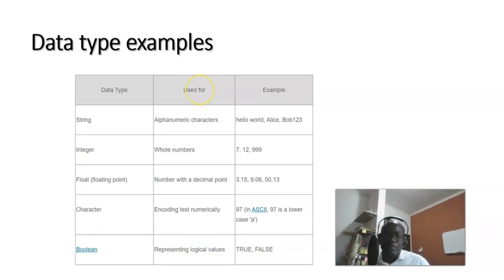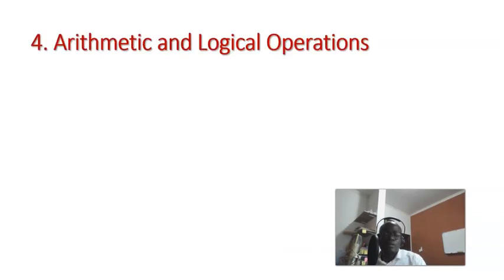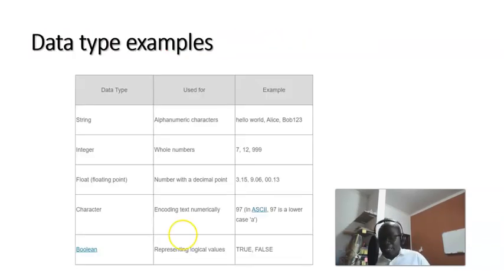A character is a character like A, B, C. Just a single character. Then there's Boolean. Boolean represents logical values. This speaks of whether a given expression results to true or false. So we call those Boolean values, and you will appreciate them as we get into programming exercises, coding exercises rather. Okay, so for now that's it.